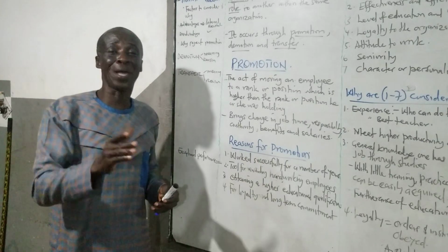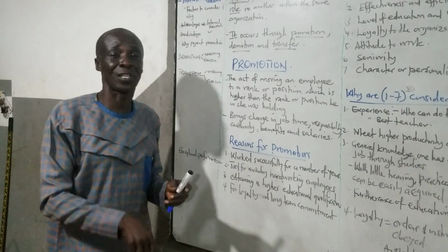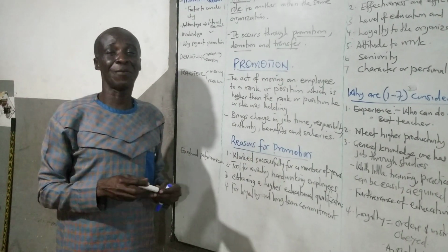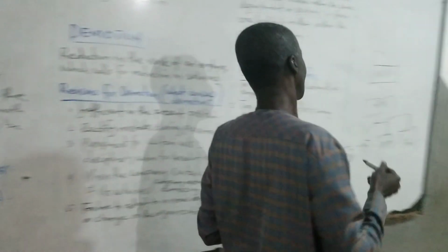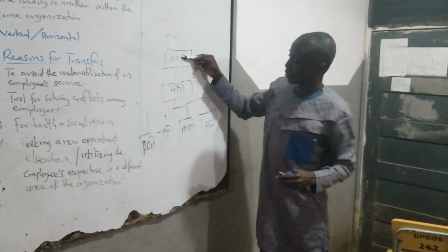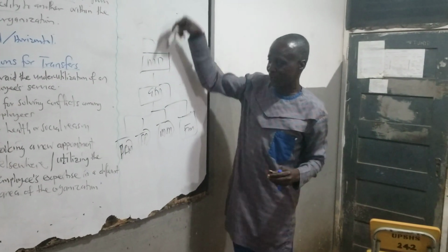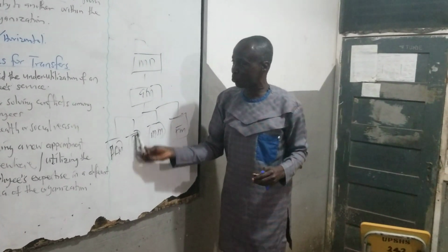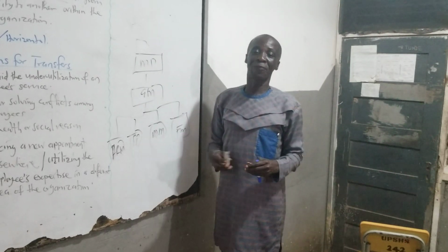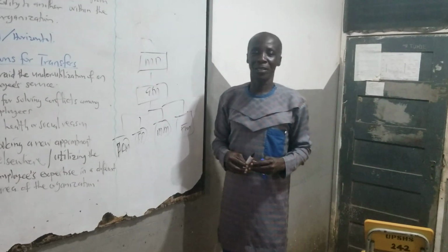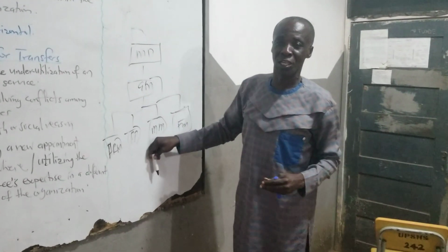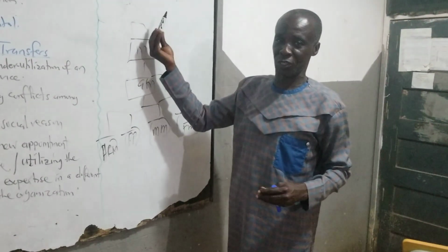And the moment there is job change, especially if it is vertical, when I say vertical job change, if you look at this one, you see, if you are moving from top to down, that is vertical. If you are moving from down to top, that is also vertical. So vertical movement can either be demotion or promotion.